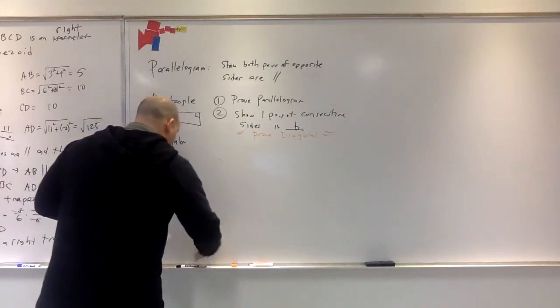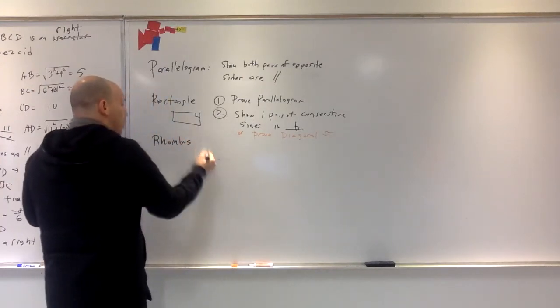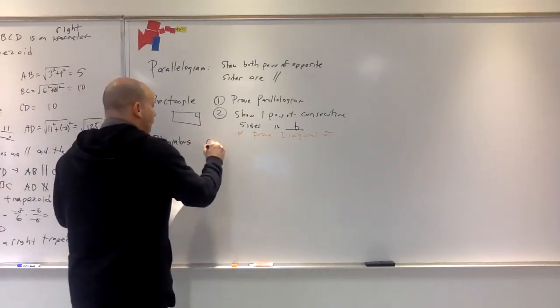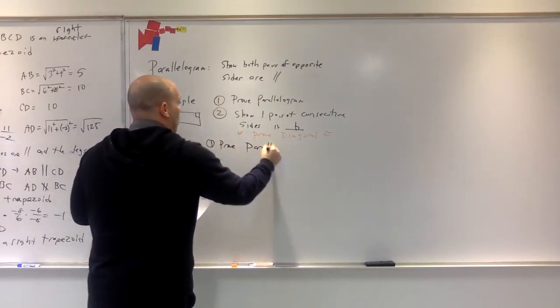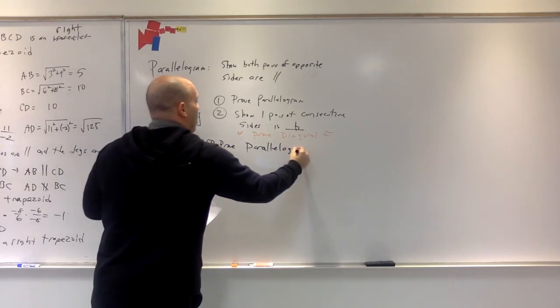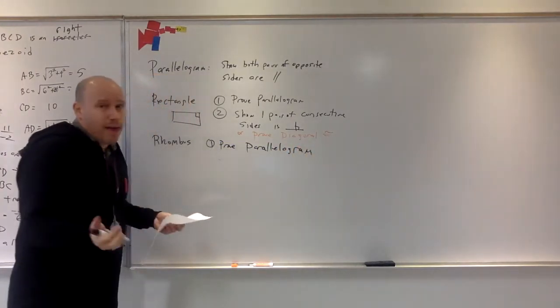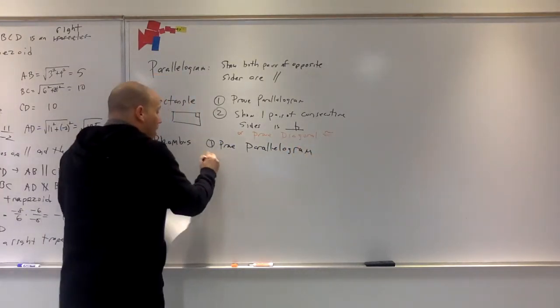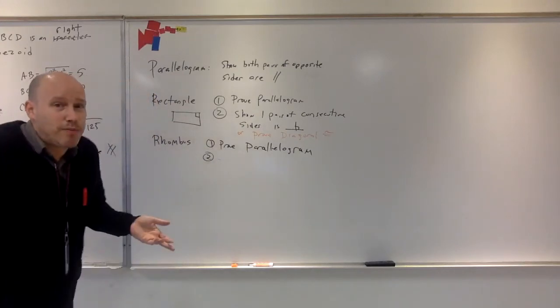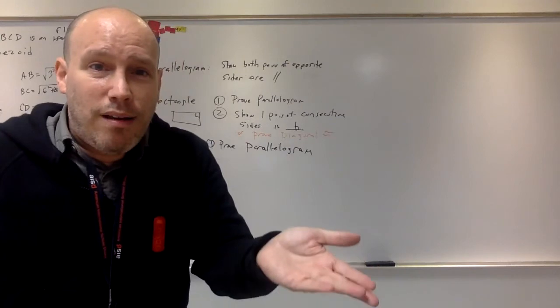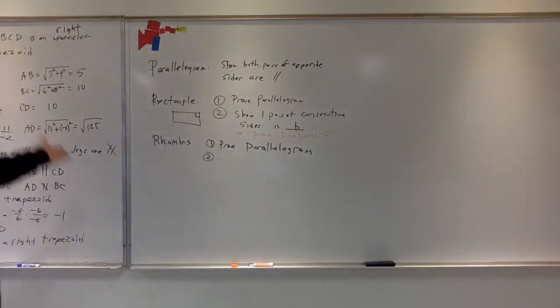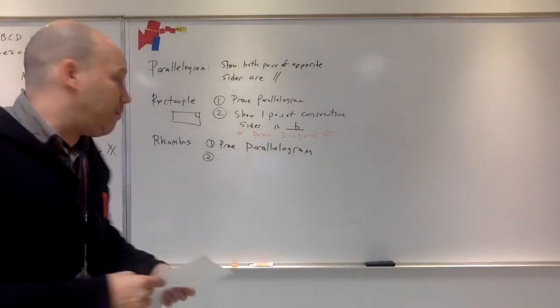Let's take a look at the rhombus. What do you think about the rhombus? Well, first thing I have to prove it's a parallelogram. And then, I'm sure some of you would say, hey, Mr. Adler, if all the sides are congruent, which you figured out over here, it's clearly a rhombus. Absolutely.